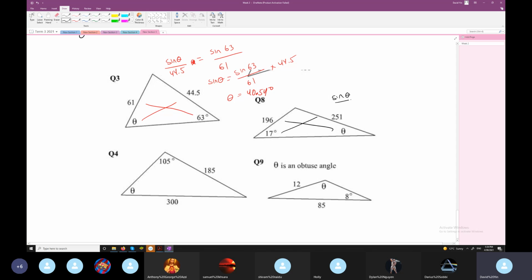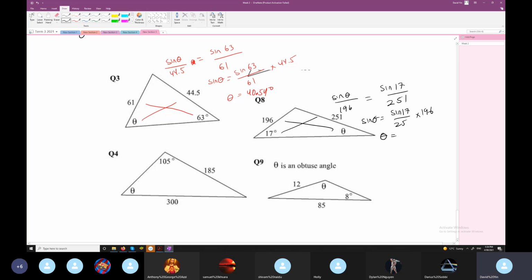So we have sine theta over 196 equals sine 17 all over 251. Same thing: sine 17 all over 251 times by 196. Then plug this into your calculator and then sine inverse it.